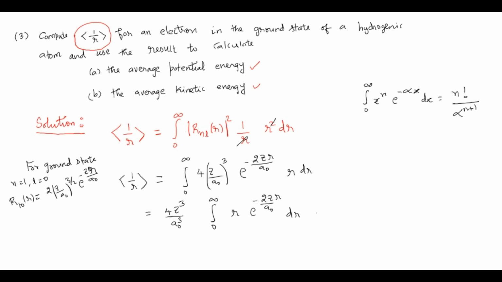Now here n is equal to 1 in this problem, and alpha is equal to 2Z by a0. So this becomes 4Z cubed by a0 cubed into 1 factorial, which is 1, over alpha squared, that is 2 squared Z squared by a0 squared. 2 squared is 4, 4 gets cancelled, so Z cubed over Z squared leaves Z, and a0 squared over a0 cubed leaves 1 over a0. So it is simply Z by a0. The expectation value of 1 over r is equal to simply Z by a0.